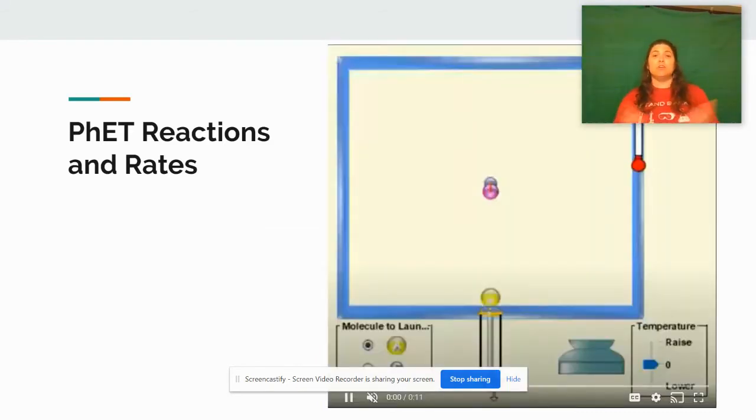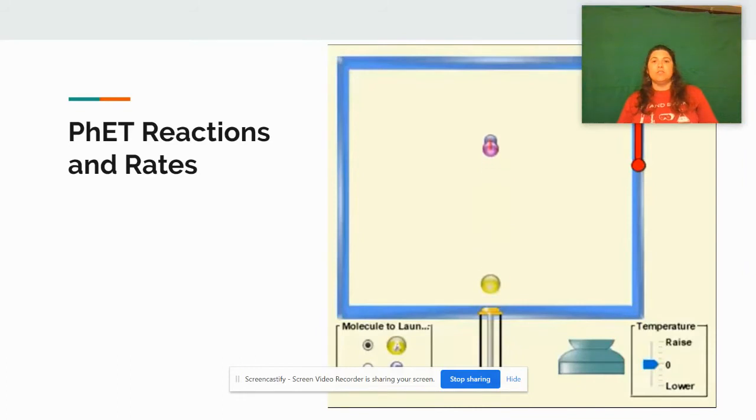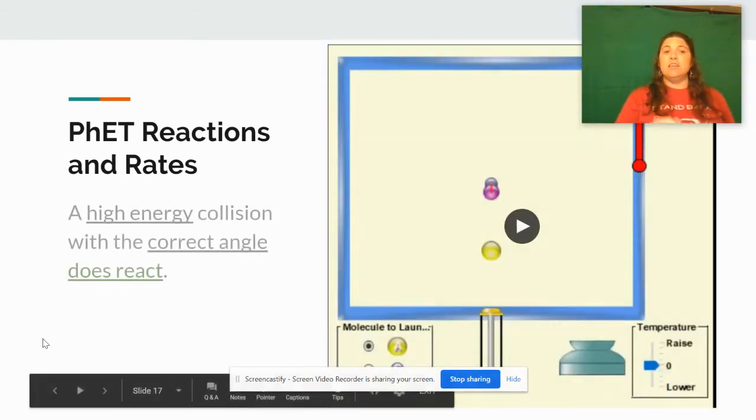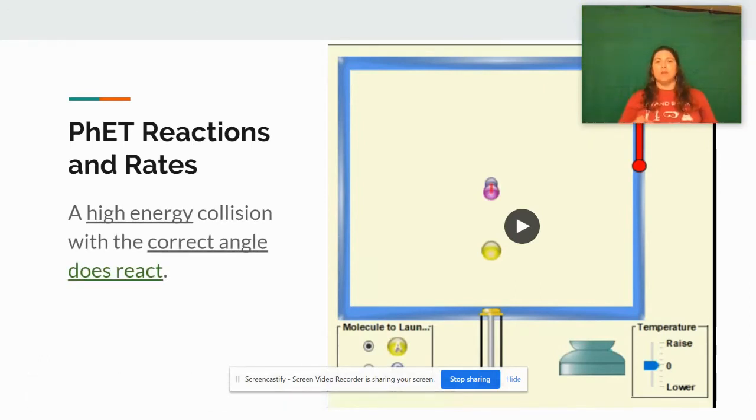And then, of course, our third example being the reaction that works. So you can see here that there's enough energy to make the yellow and pink attach and then reverse back to each other. So finally, effective collisions happen when you have the correct orientation or angle and sufficient energy to overcome the activation energy.